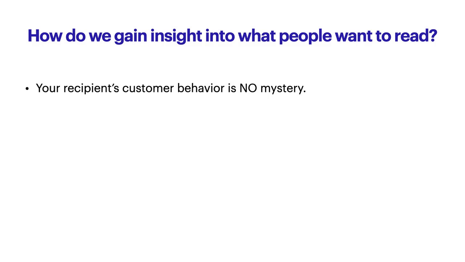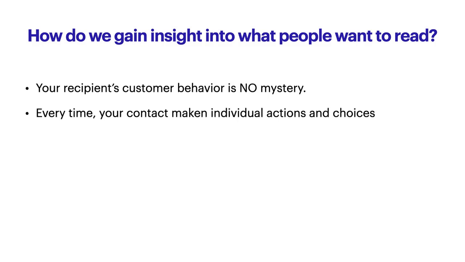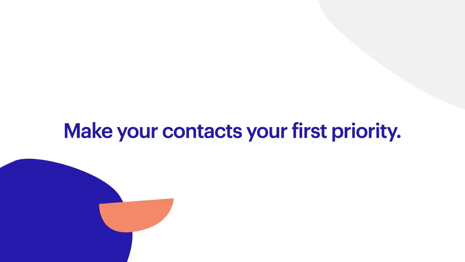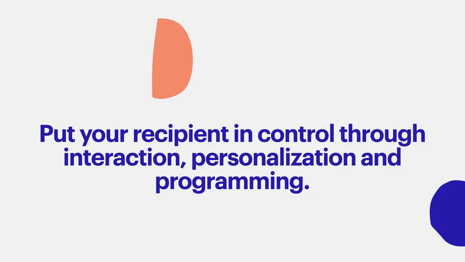Firstly, your recipient's customer behavior is no mystery, and every time your contact makes individual actions and choices, the strength of your emails depends on what you do with those choices. So you need to make your contacts your first priority. Do not send them what you want to tell them, but what your target group actually needs to take action. Put your recipients in control. And you can do that through interaction, personalization, and programming.